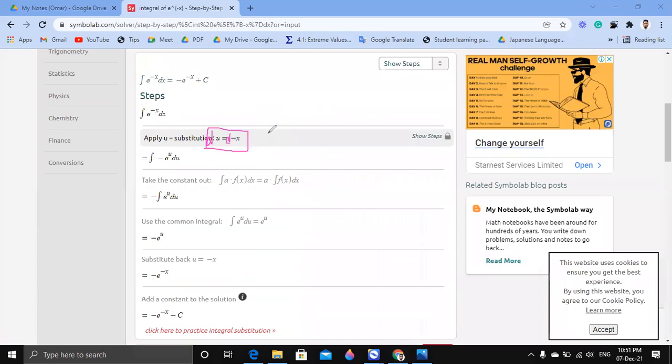The derivative of minus x is minus 1, so minus 1 dx is minus dx. So du is equal to minus dx. And if you take this minus on the left side, you get minus du is equal to dx, right?